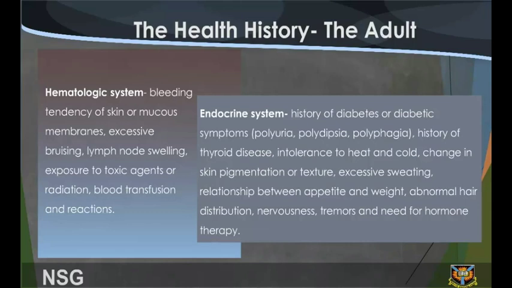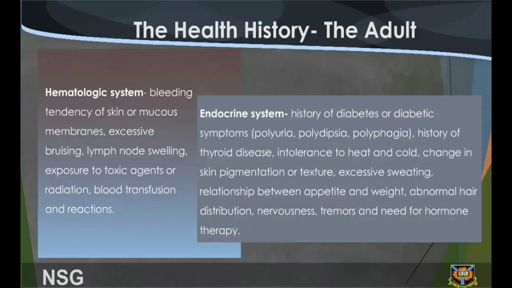Hematologic system: bleeding tendency of skin or mucous membranes, excessive bruising, lymph node swelling, exposure to toxic agent or radiation, blood transfusion and reactions.